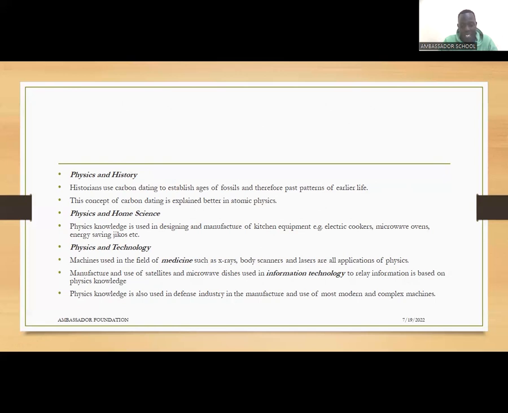Each day, there is advancement in technology, which is traced to the knowledge in physics. For example, X-rays, to know how the fracture has taken place in your body, or it can detect a fracture in your body, that one is a knowledge on physics. Most of us at some point, you've gone to hospital to undergo X-ray detection. It is a knowledge of physics, and it's also a technology that we need to embrace.